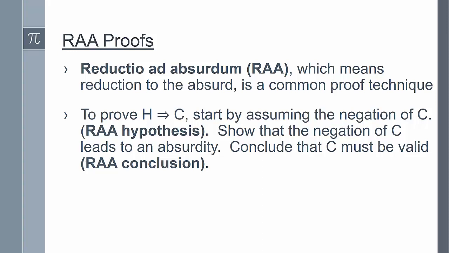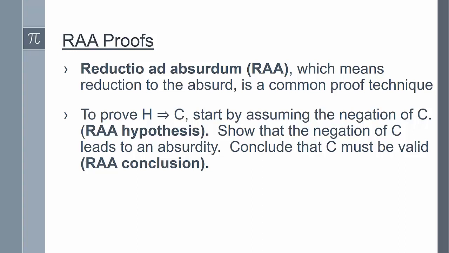So we take the negation of C, and then through logical arguments, we'll see how that RAA hypothesis will lead to an absurd statement. So we need to show that the negation of C leads to an absurdity. An absurdity is a statement that's clearly not valid, something that might contradict a known theorem or one of our foundational axioms.